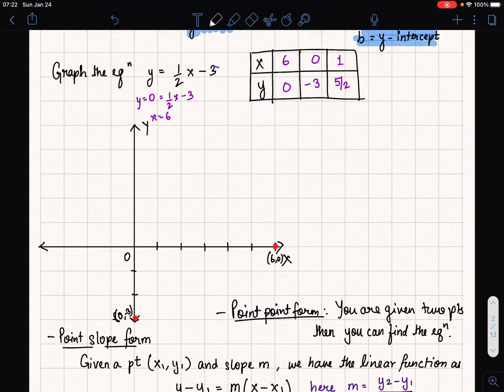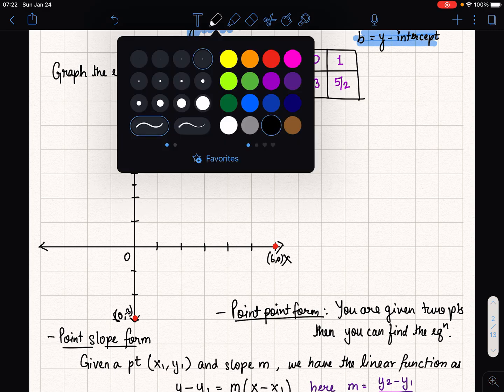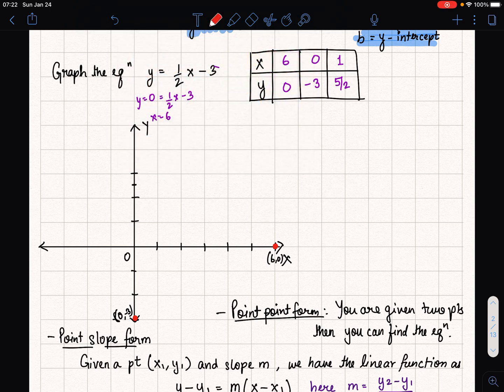And when x is 1, y is 5/2, which is around 2.5. It's -2.5, I'm sorry, it should be -2.5.